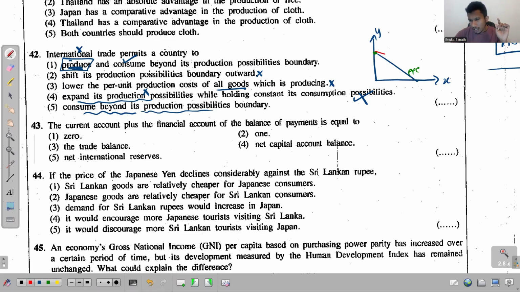But if you draw another curve just to represent the consumption possibilities, this is how you get that. The consumption possibilities curve will be on the right side, which means this is what they can produce and the consumption is higher than what they can produce. So the answer for this question 42 is the fifth one. So why does this happen? Due to the advantages of exchange, or the gains from exchange.